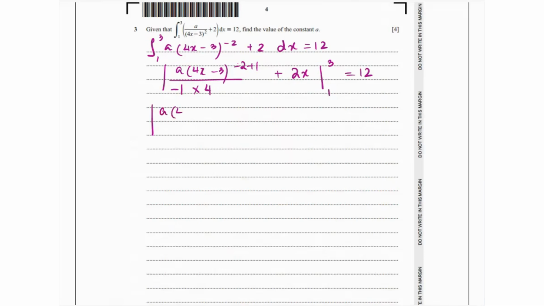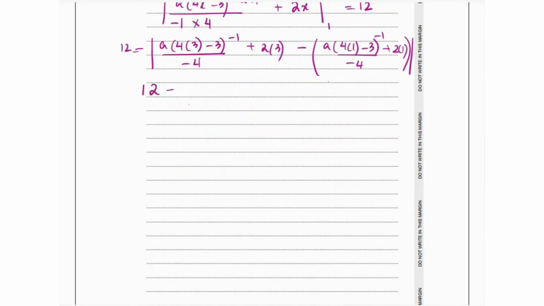So a times (4 times 3 minus 3) to the power of -1 over -4 plus 2 times 3, and then minus a times (4 times 1 minus 3) whole power -1 over -4 plus 2 times 1. And this entire thing equals 12.